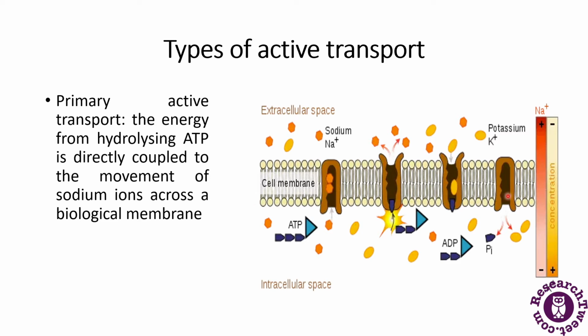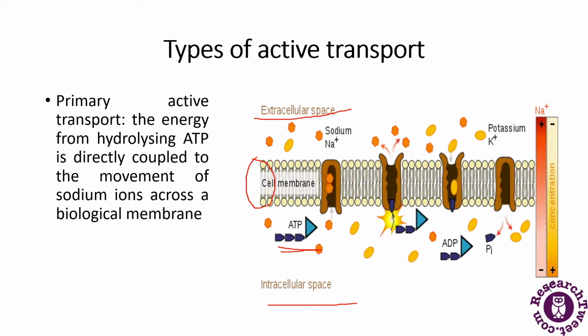So this is a cell membrane which is being depicted here. This is the extracellular space and this is the intracellular space. There are some potassium ions and some sodium ions also. And here is the energy which has been shown also.